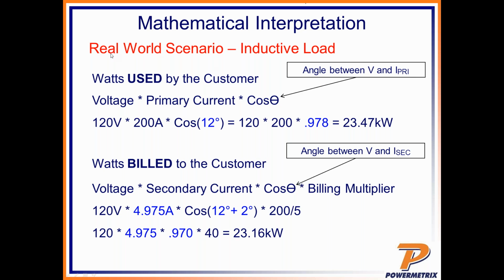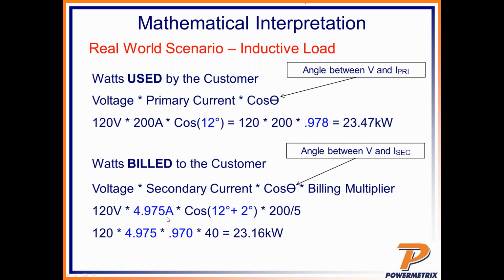Moving forward, let's look at a real world scenario where we've got an inductive load. Just a few numbers for you here. Once again, watts used by the customer, we're looking at the primary signals. So let's say we've still got 200 amps, but we've got about a 12 degree lag between the voltage and current. So now we're down to about 23.47 kW. Now what the meter might see, what we bill the customer: instead of 5 amps, our current may be a little low.